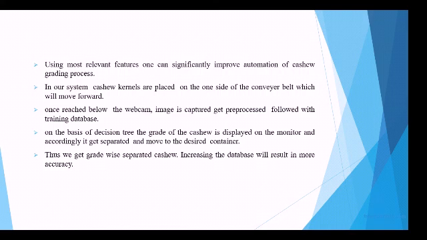In our system, cashew kernels are placed on one side of the conveyor belt, which will move forward once reached below the webcam. The image is captured, gets pre-processed, followed by training datasets. On the basis of the decision tree, the grade of the cashew is displayed on the monitor, and accordingly it gets separated and moved to the desired container.